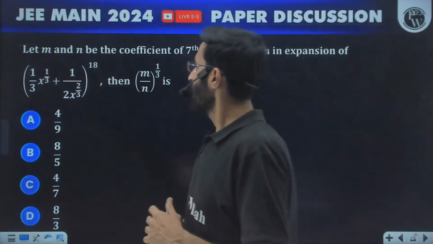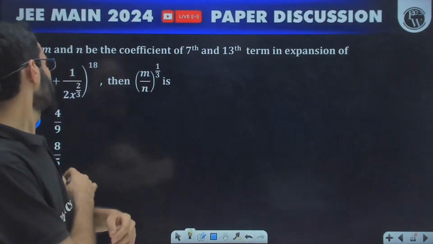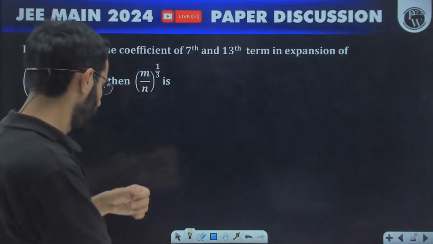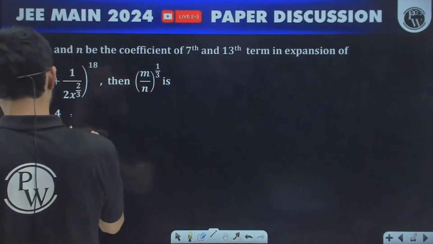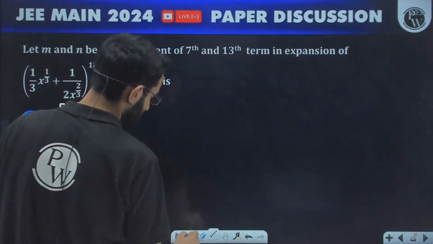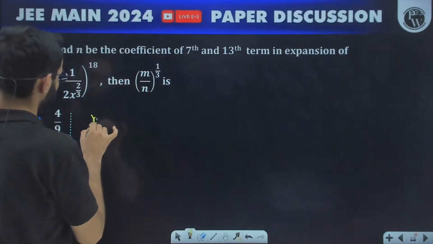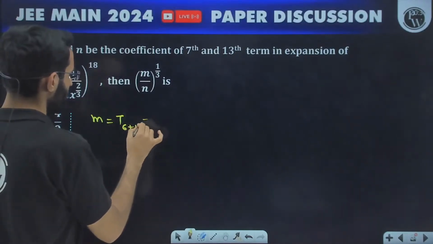Yes, let us move towards the next. Now, let small m and small n be the coefficients of the 7th and 13th terms in the expansion of this, then what will be the value of m by n to the power 1 by 3? We want to find m by n to the power 1 by 3. Let us find m first. m is the coefficient of the 7th term. The 7th term can be written as T6 plus 1.